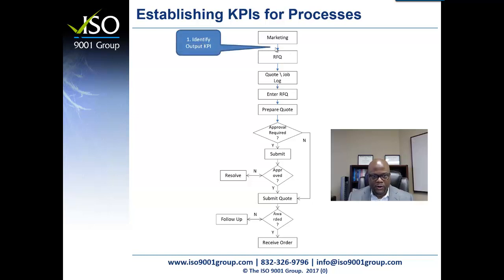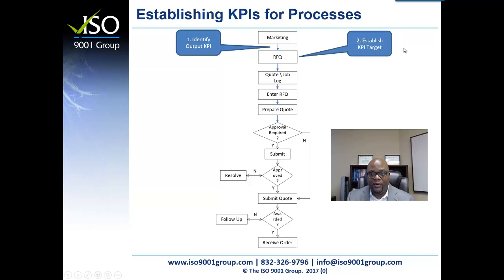So the first thing that I want to point out is that your KPI should be identified at the output. All right, so we can see here that we have identified the output of the marketing process to be RFQs. And so this is where we should establish our target, our tolerance on the process.